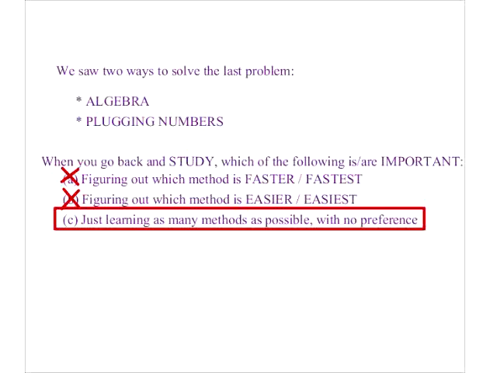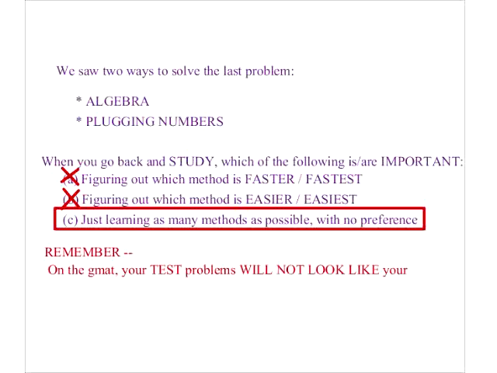Because the one thing you've got to remember, in fact, the defining characteristic of this test is that on the GMAT, the problems don't look like each other. Your test problems are not going to look like your practice problems.